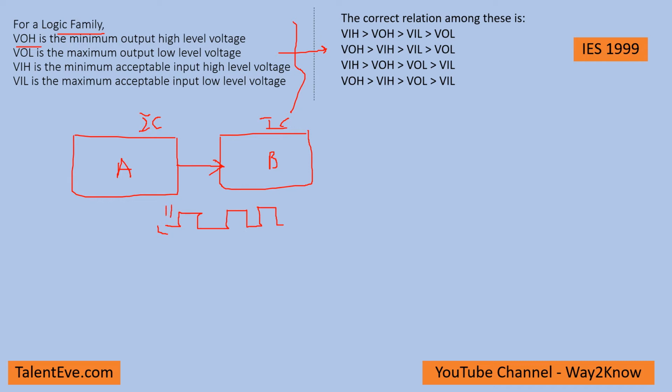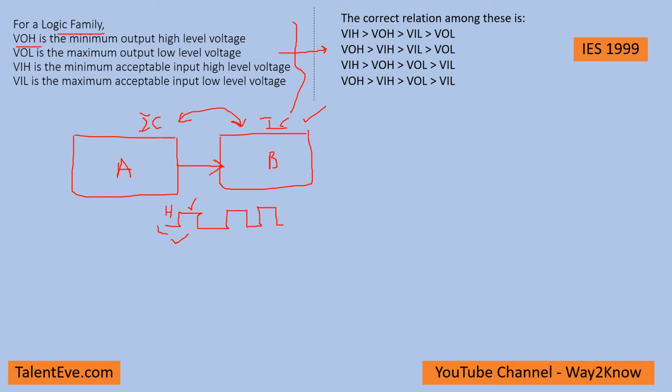Now when you send this, B has to understand that the transmitted one is a high voltage and the transmitted one is a low voltage. If 0 is transmitted, it has to understand it as low. If some voltage is transmitted, it should be understood as high by IC B. Okay, now that means we are checking the electrical compatibility between A and B here.